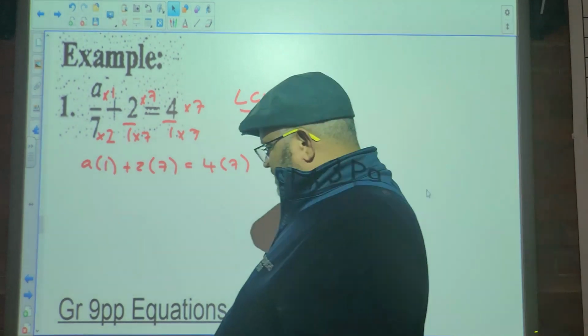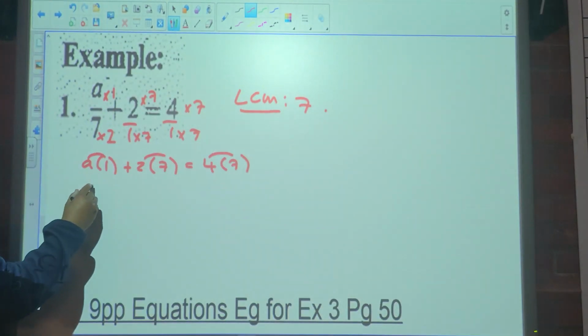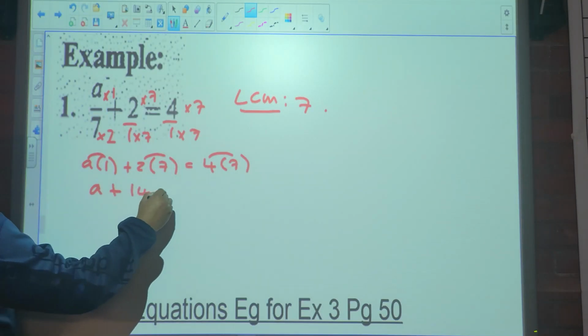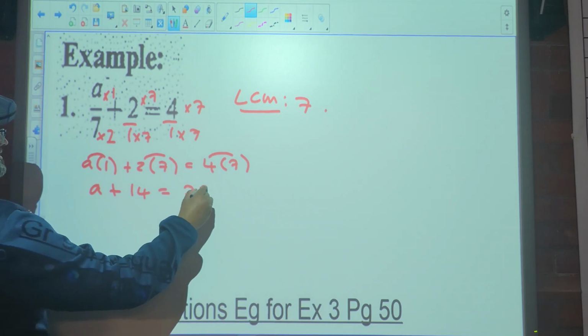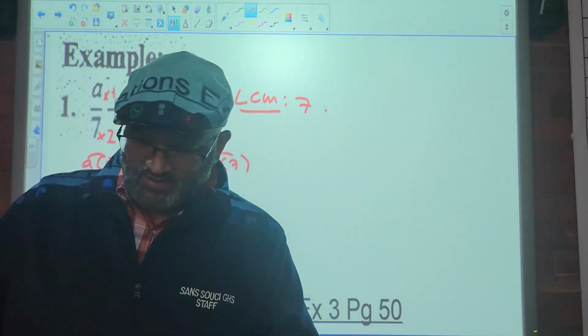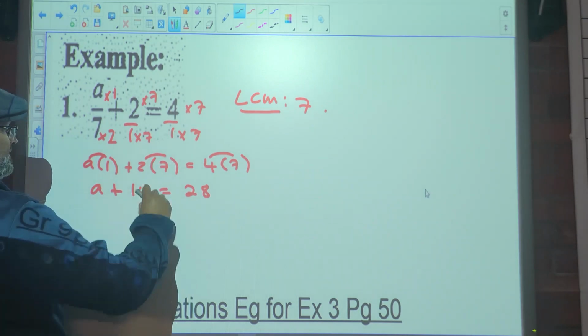So now it's just a matter of solving. So let's multiply out. What's 8 times 1? 8, 2 times 7 is 14 is equal to 4 times 7 is 28. So what do we do now? Take 14 over the equal sign, not so.